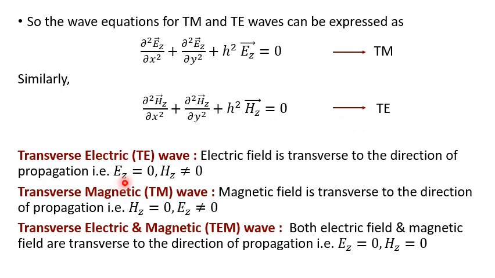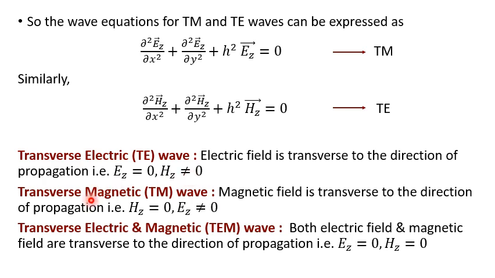The main difference between a TE, TM and a TEM wave is that for a TE or transverse electric wave, the electric field is transverse or perpendicular to the direction of propagation. That is, if the wave is propagating in the z direction, Ez will be equal to 0, but there will be some component of the magnetic field along the z direction. That is, Hz will not be equal to 0.